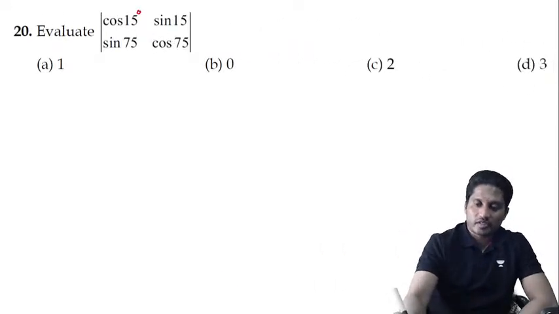See, actually degree should come here. Right, if I multiply principal minus secondary, so this is cos 15 into cos 75 minus sin 15 into sin 75.